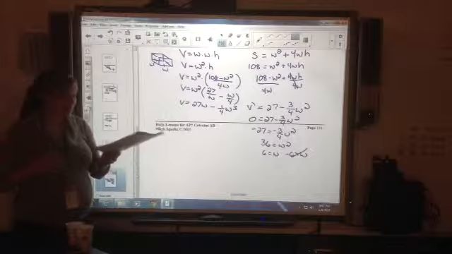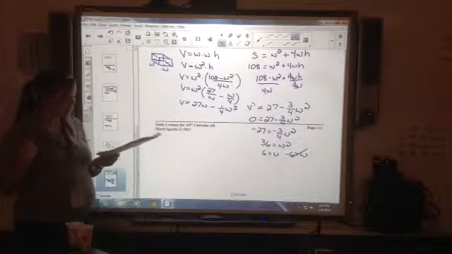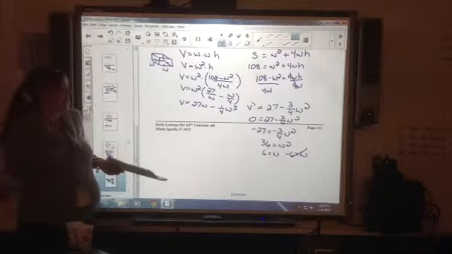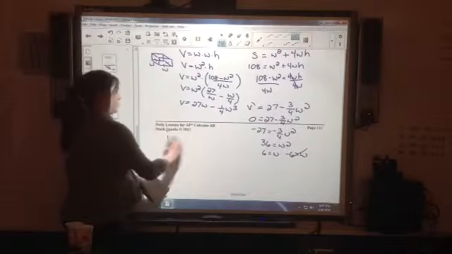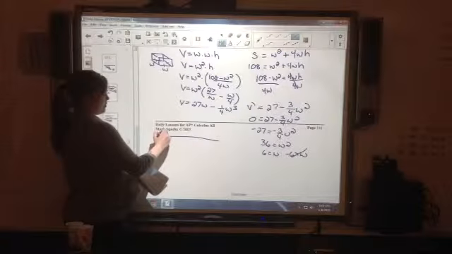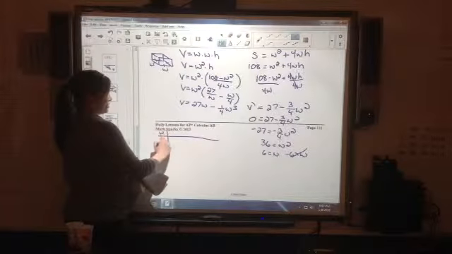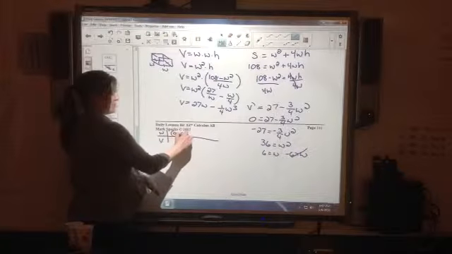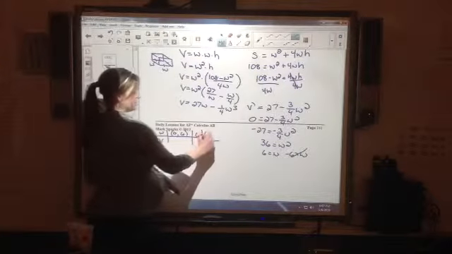Okay, so then the next thing that I do is I think about, is this a min or is this a max? If this is my W and this is my V, I can't have less than 0, so I've got 0 to 6, 6 to infinity.